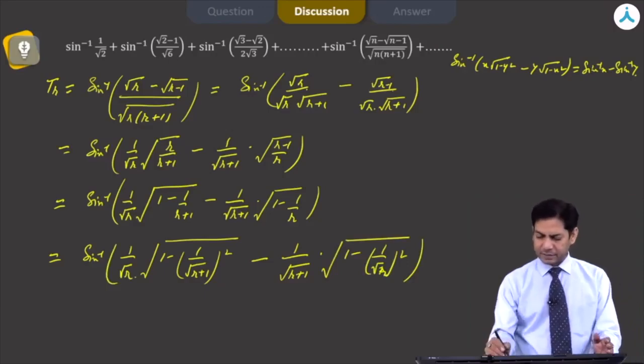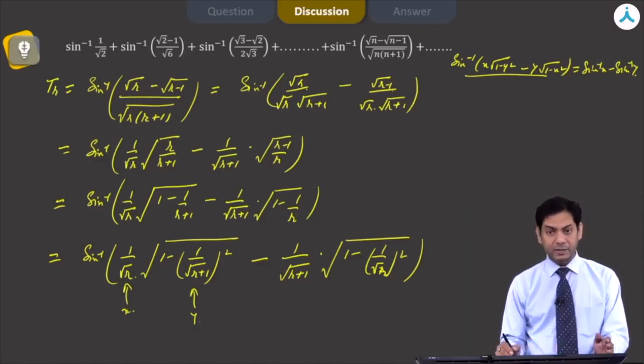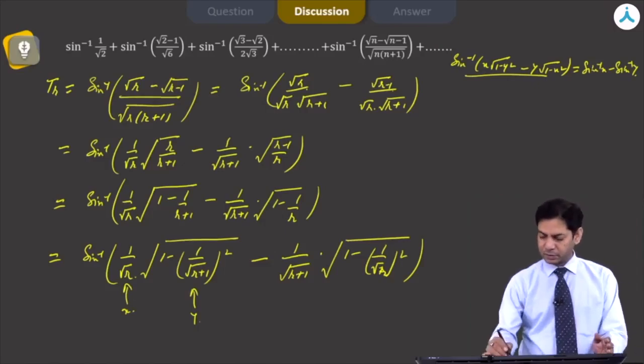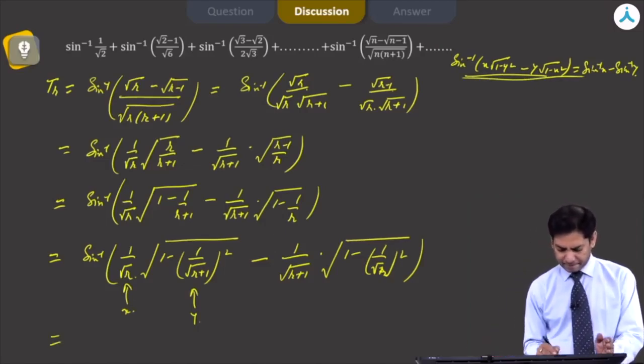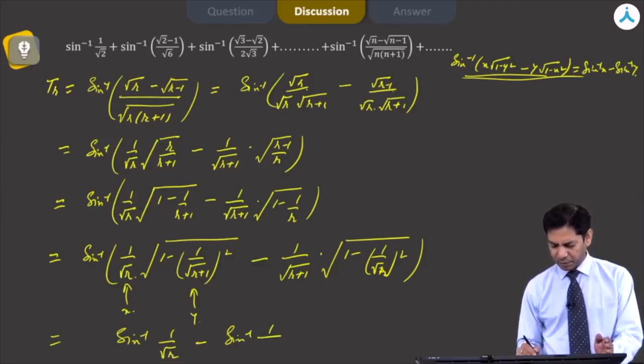This is exactly this format. If you take this as x and this as y, then this is x into root of 1 minus y square minus y into root of 1 minus x square. So using this formula, we can write it as sine inverse 1 by root r minus sine inverse 1 upon root of r plus 1.